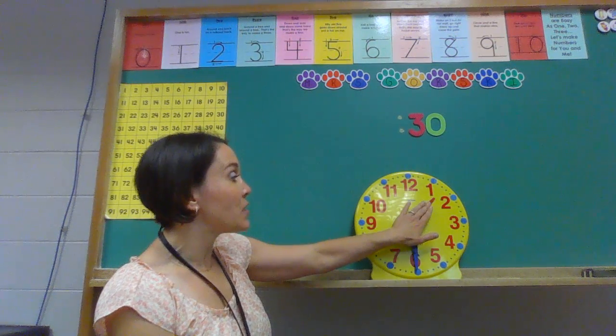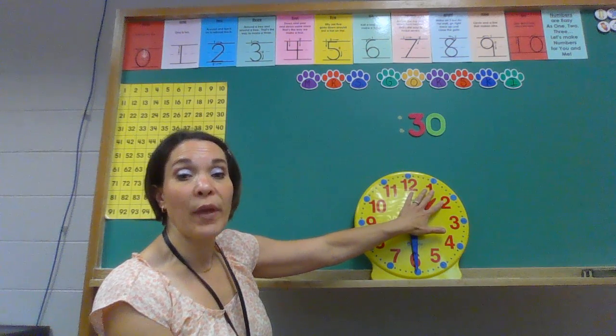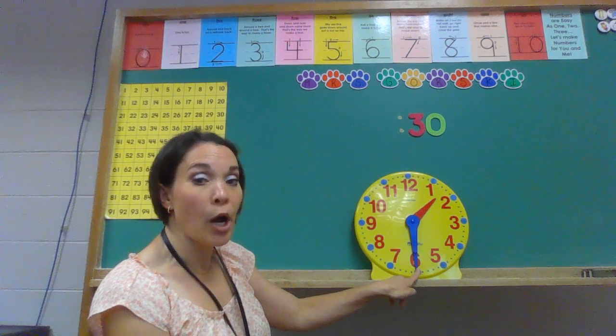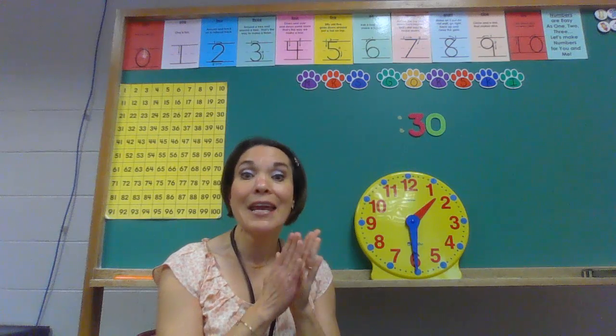One, it could mean an hour. So when you're looking at the small hand or the hour hand, the number will be an hour focus. When you're talking about the large hand or the minute hand pointing to one of these red numbers, you're focused on it telling minutes now.